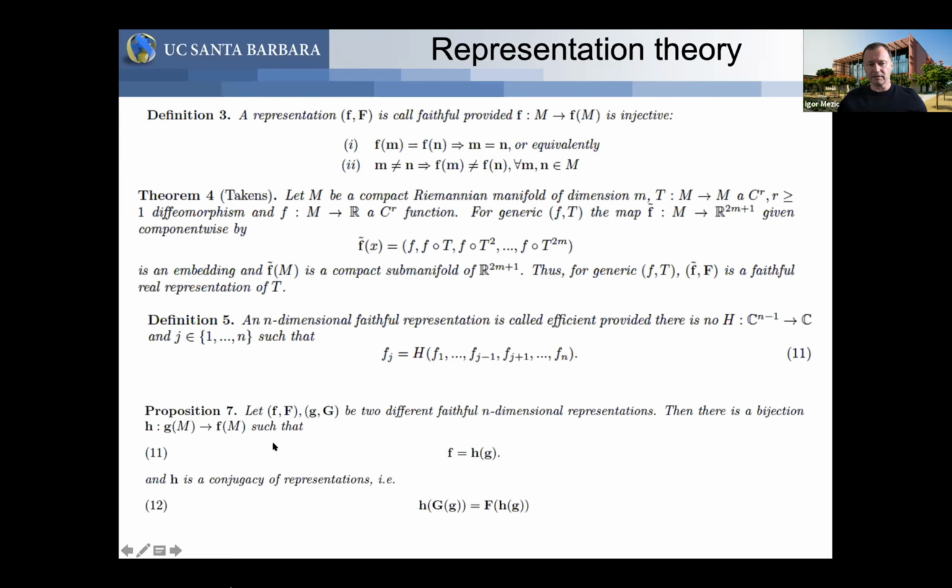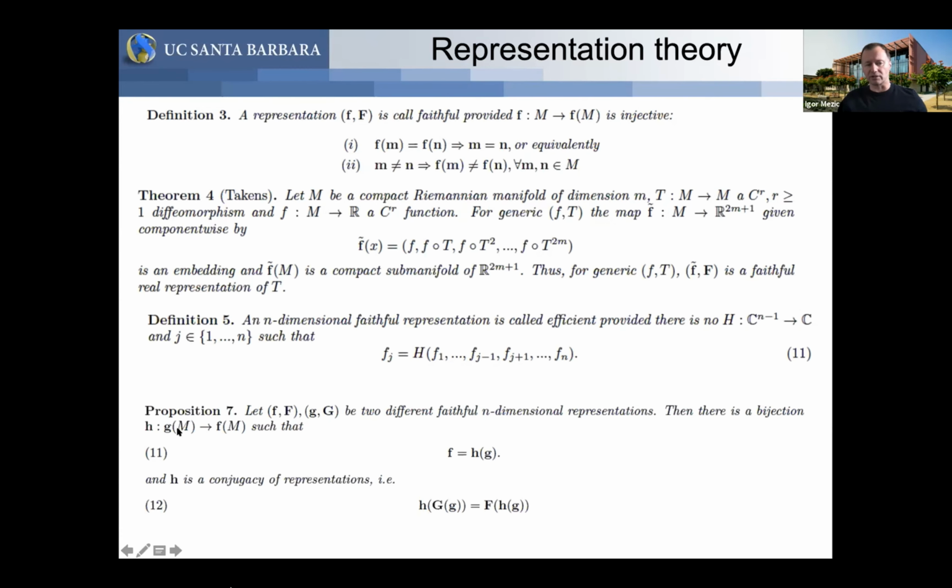So it wouldn't be useful to me. So here is a first meaningful proposition, and this relates to taking different observations on the same system. Suppose that you have capital F and capital G to be two different but faithful n-dimensional representations.